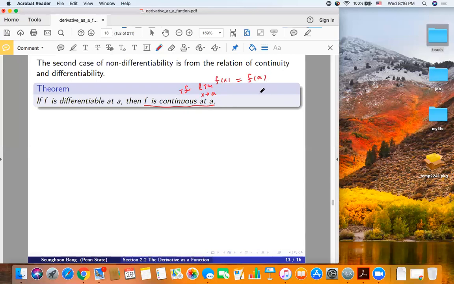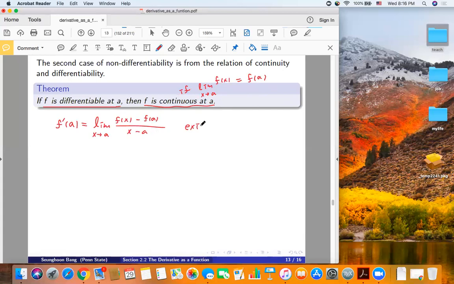This is the definition of continuity. I want to prove it, so we can use this assumption: function f is differentiable at a. What does it mean? f prime of a exists. Using the definition, the limit as x approaches a of f of x minus f of a over x minus a exists.